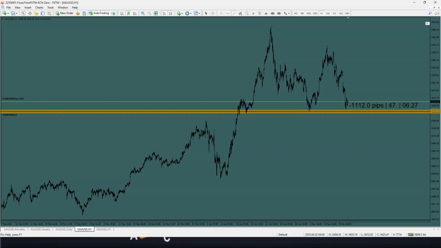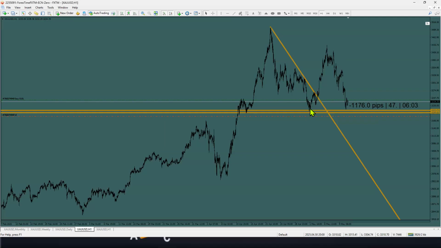Now come up here, pick your trend line and draw it right here. Look at it. Can you see that? When you drew this line, all these candlesticks had not happened yet.